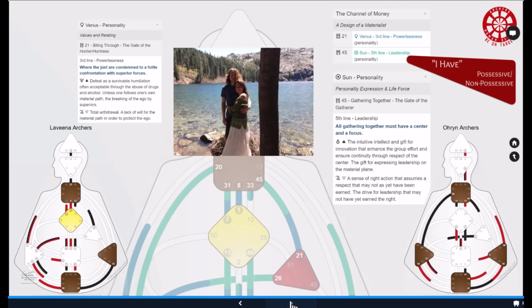Now we have your channel of money, Orin, where you are a materialist and you have the I have voice, which is possessive or non-possessive. And this possessiveness is about not only things, but also people too. So I remember one of the things that you noticed about us in relationship is that you became more possessive of us against the world.